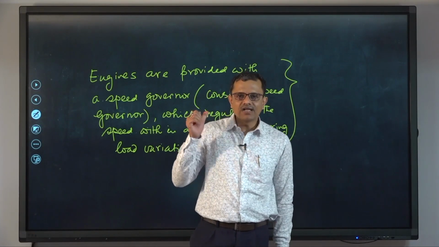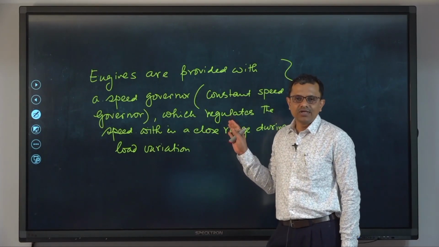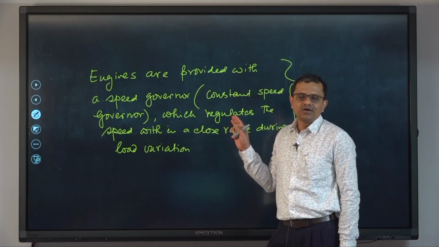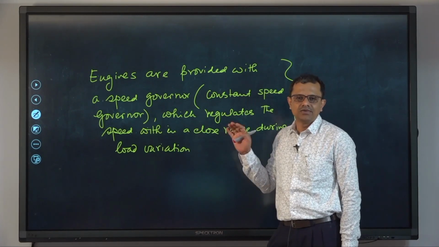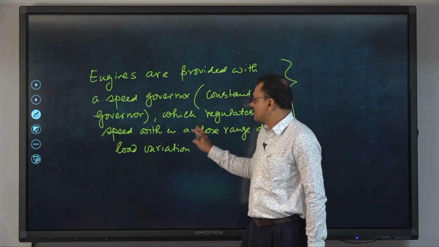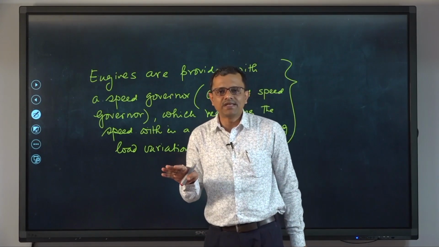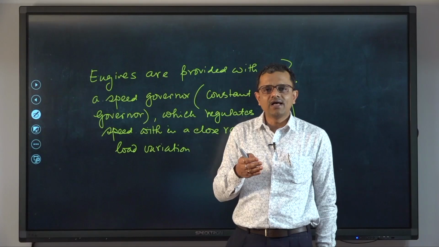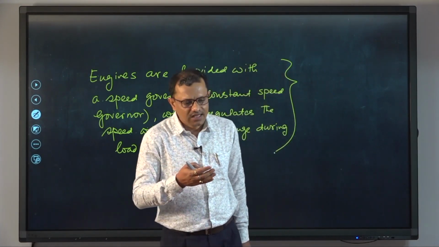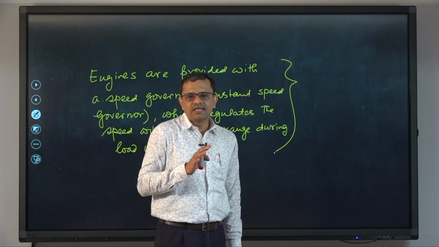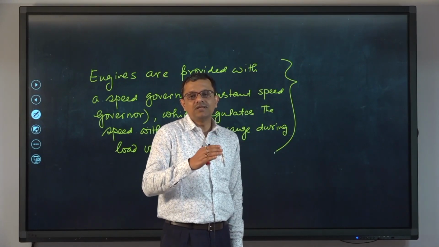So, what we can understand from the discussion until now is that engines are provided with a speed control governor, or constant speed governor, so as to maintain the speed constant irrespective of the load variation. Constant means within a close range, and then, as I said, there are some applications wherein we need variable speed engines, and even for variable speed engines there are some problematic issues if we do not have any mechanism to control the maximum speed.